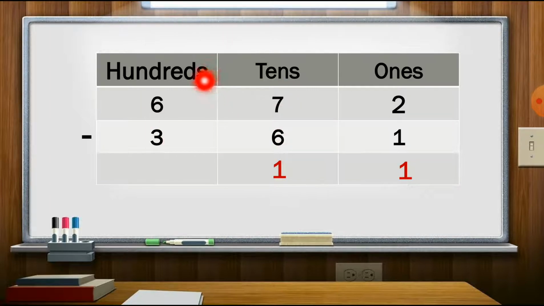Let's move to the hundreds column, which contains 6 minus 3. We have to cut 3 from 6. So which number is left? Just 3. So we get the answer 311. You have to repeat after me, 311. This is our answer.